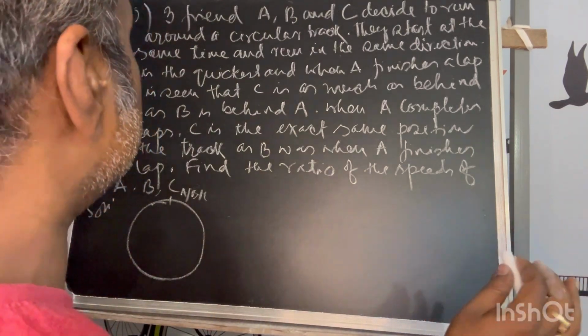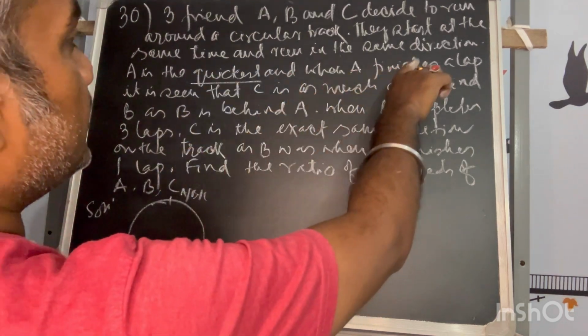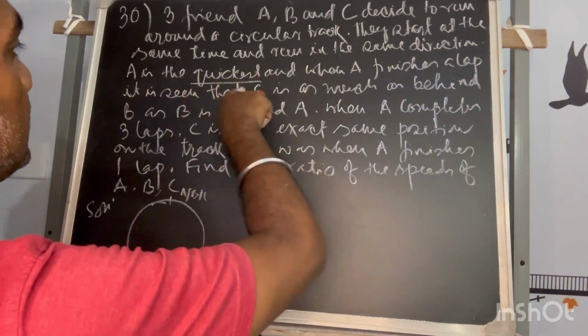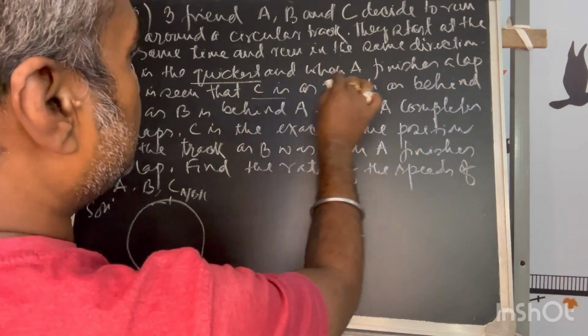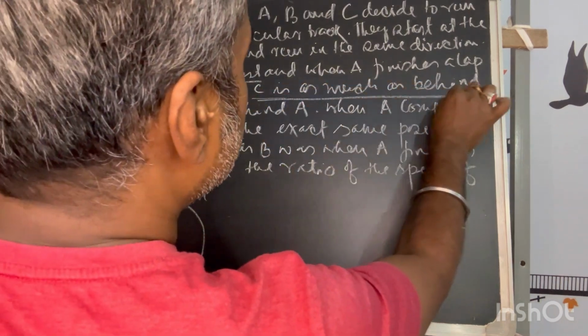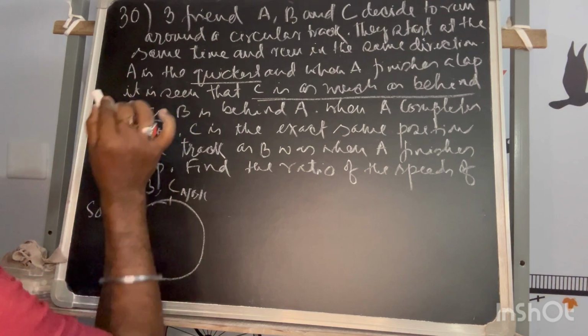A is the quickest. When A finishes a lap, C is as much behind B as B is behind A. That means C is the slowest among all three, and B is the middle one.